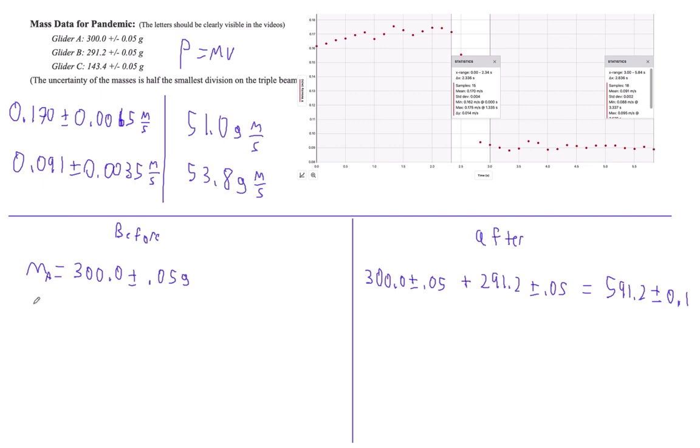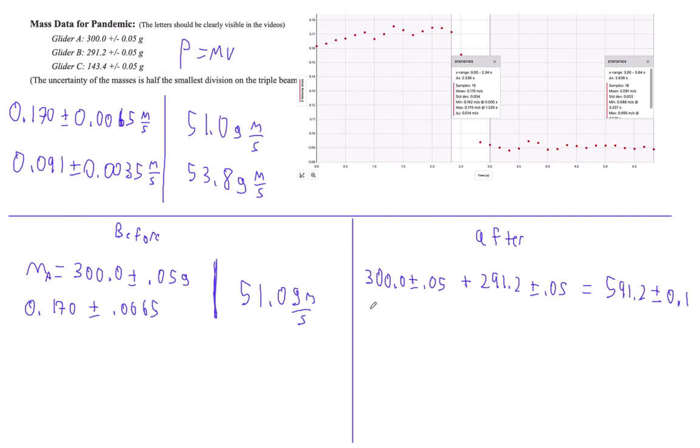Our velocity is 0.170, and that's plus or minus 0.0065, okay? And we arrived at a momentum of 51.0 gram meters per second, okay?